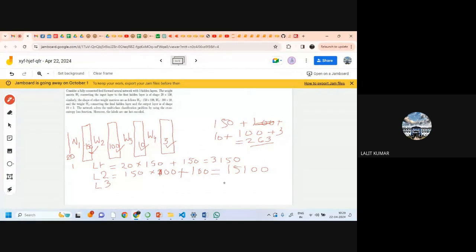L3 is equal to 100 into 10 plus 10. I'm just calculating so that all of us know how to do this. L4 is equal to 10 into 3 plus 3, which is 33.